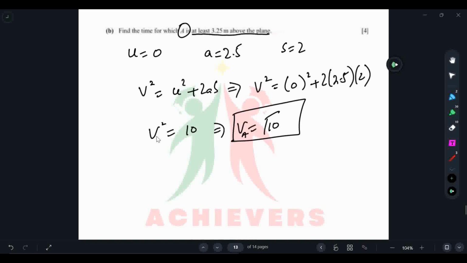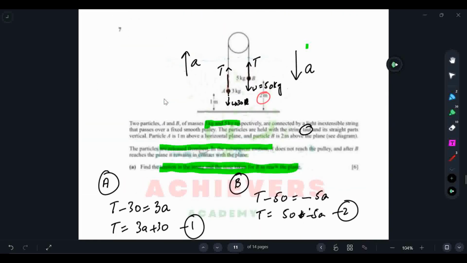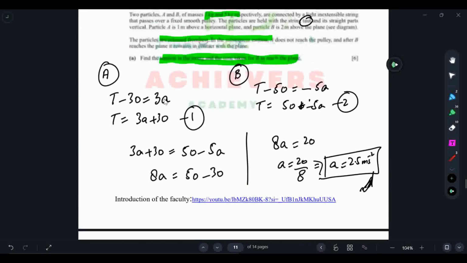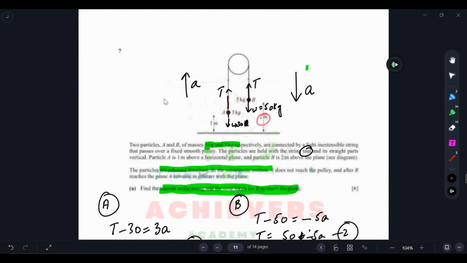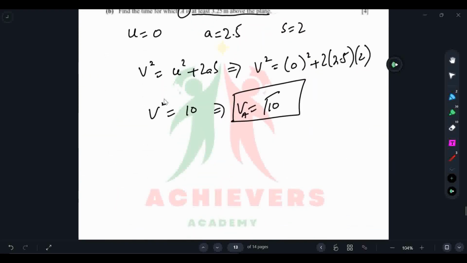Now this is the initial velocity after covering the distance of 1 meter. Let's say the particle has reached from this point, this one is the distance of 1 meter.